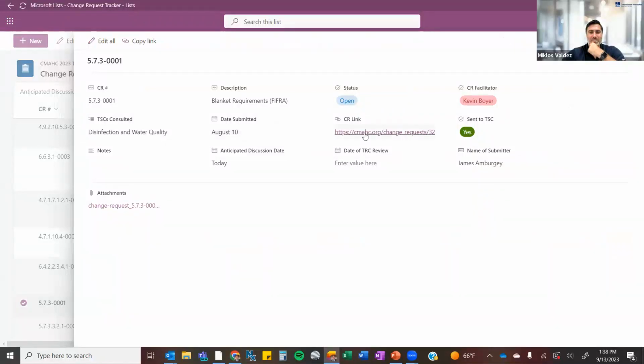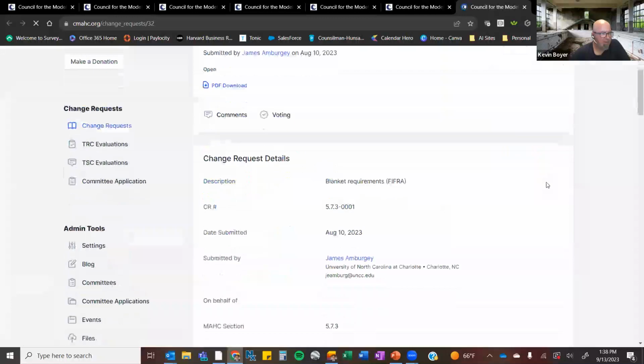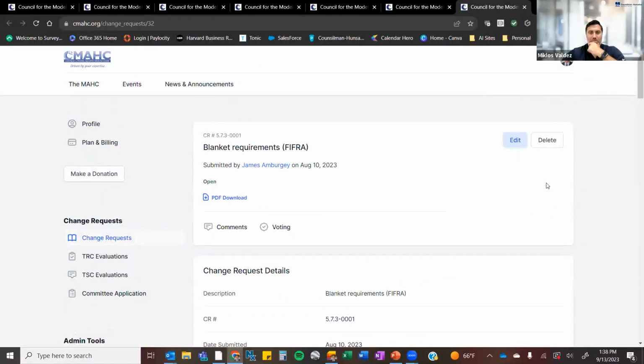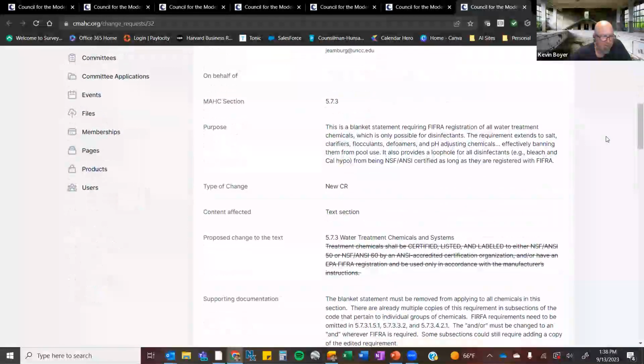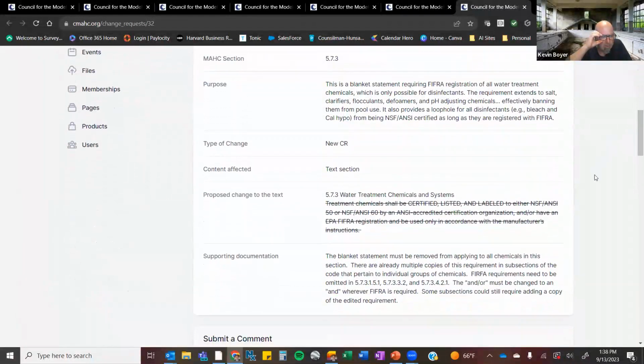Kevin, are you available to discuss this one? Sure. I don't remember which one this is. Is this the pesticides? Yeah, so basically we've got some language currently in MAHC that's requiring chemicals that aren't pesticides to be registered under the EPA FIFRA Act, which isn't possible and makes no sense.